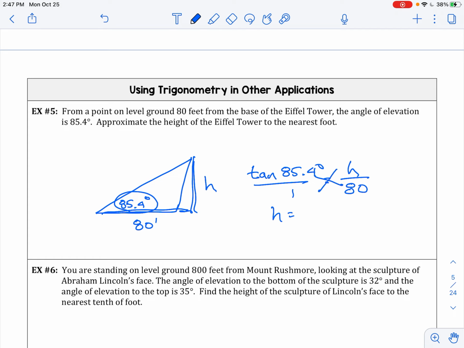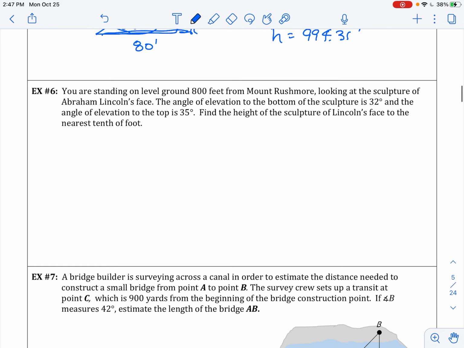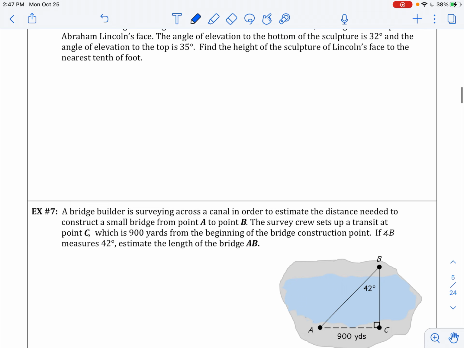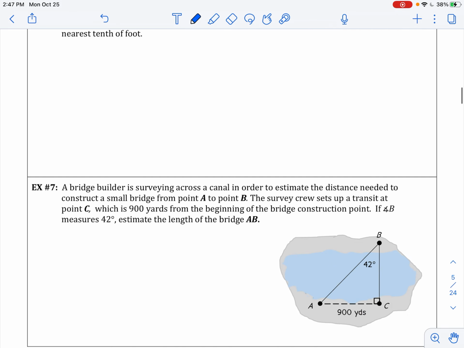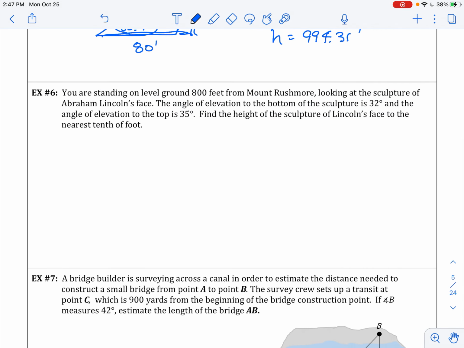I would just multiply it. You would get some version of 994.31 feet. Okay. Now, the rest of these I think are pretty straightforward. The rest of these have you set up some sort of angle and find the missing part, right, using a basic trig function for that.